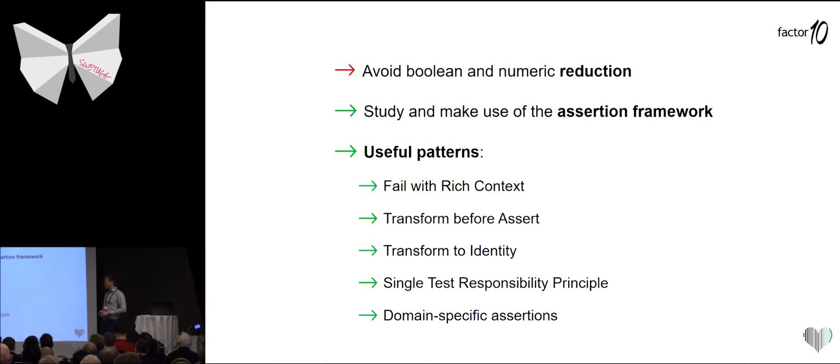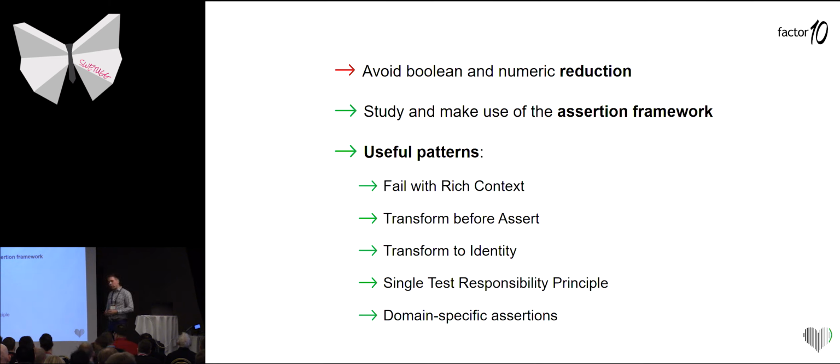And we have talked about a number of patterns. Include as much context as possible in your failures, rich context that allows you to quickly pinpoint the cause of the failure. Transform before assert, make our data more assertion friendly. A special variant of that is transform to identity, where we pick an identity that suits the test case, and in doing that we get a lot of good information in our failure.